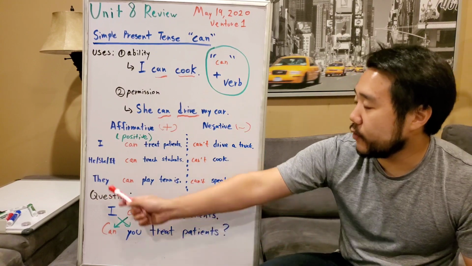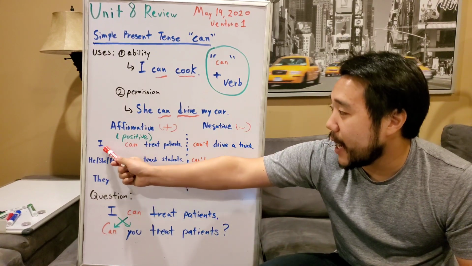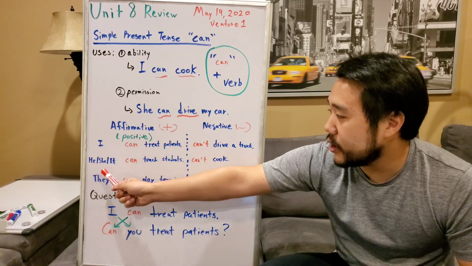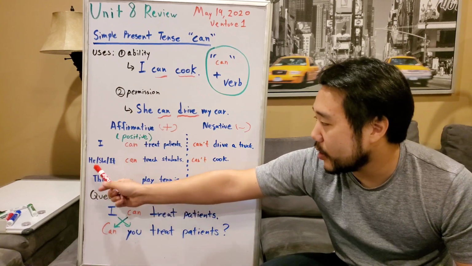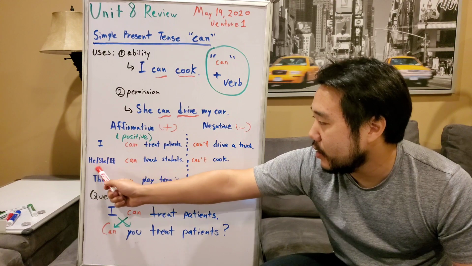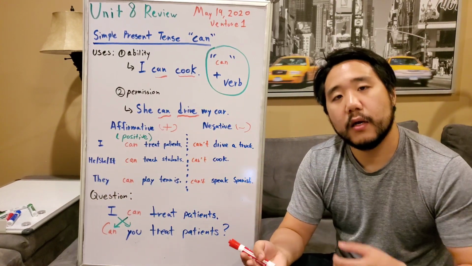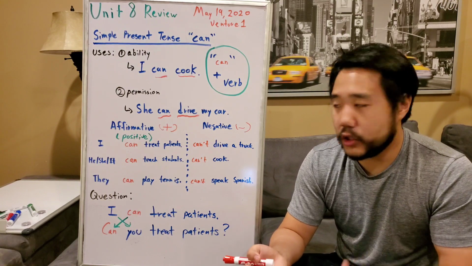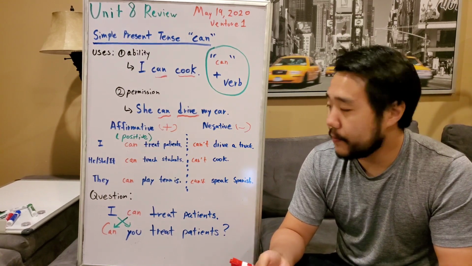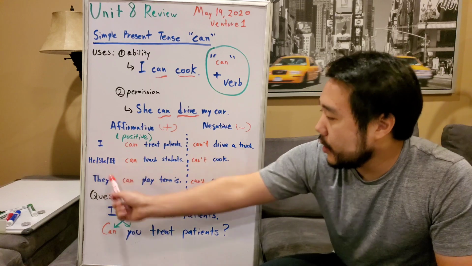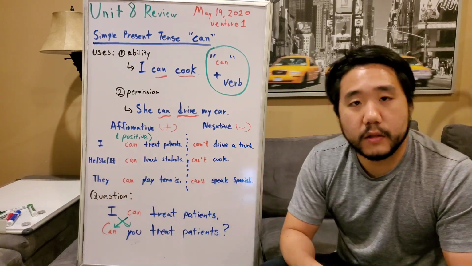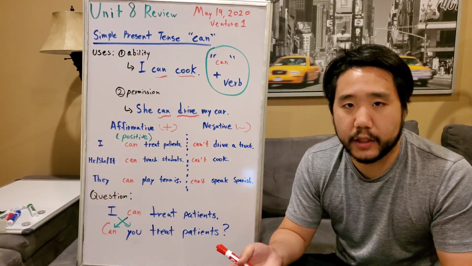And that's for the subject pronoun I. For he, she, it, here I'm going to use the subject he. So he can teach students. He has the ability to teach students. He can't cook. He doesn't have the ability to cook.